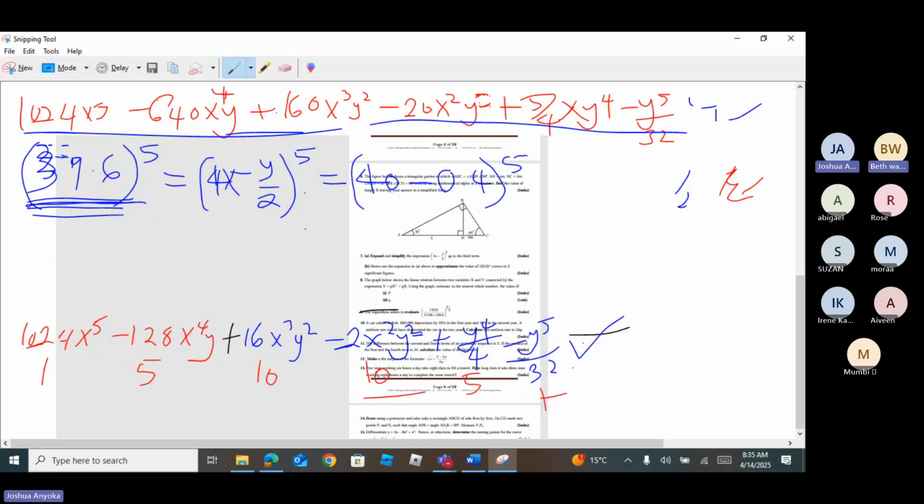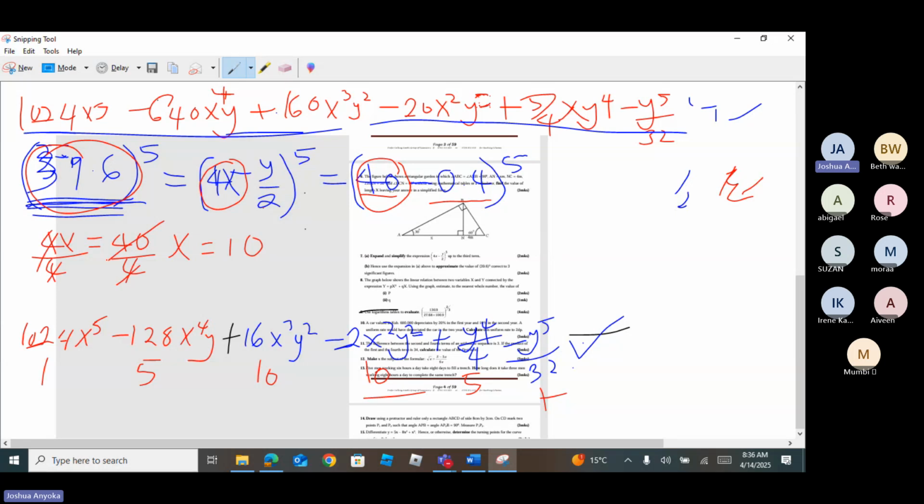Now let's evaluate. So we equate corresponding terms. We are in agreement that 39.6 is expressed as 40 minus 0.4. Then the first term corresponds with the first term. So our first term is 4x, which equals 40. Divided by 4, divided by 4. So x is equal to what? 10.